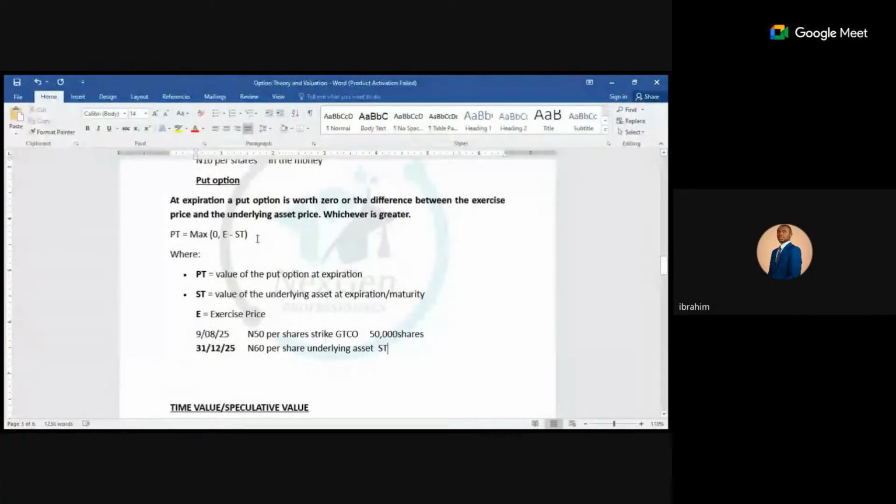Class, what would be the intrinsic value of a put option?